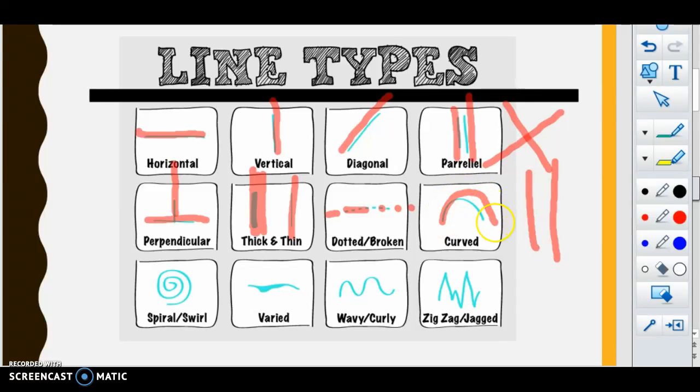Some lines are curved, some go in a spiral direction, which we will see today in a Van Gogh painting. Some are varied, which means they're a mixture of both thick, thin, curved, dashed, dotted. So they're a varied line design. There's also wavy and curly lines, and then my favorite, zigzag.